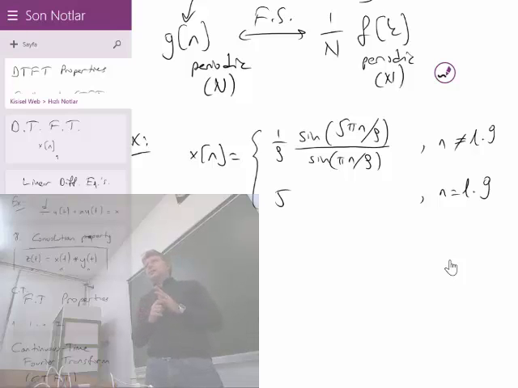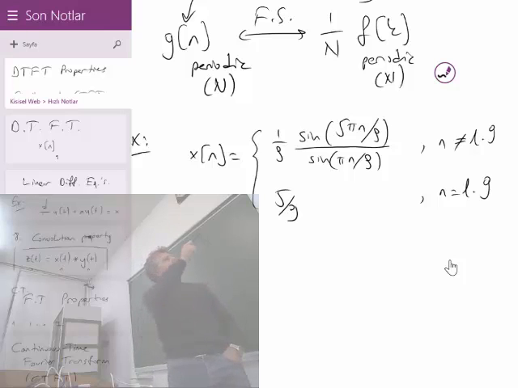Just to avoid that and just to avoid the utilization of L'Hospital's rule, I'm putting the value that we have. Sorry, it's not 5, of course, divided by 9. Using L'Hospital's rule, you have a 1 over 9 term coming. Sorry, there was already a 1 over 9 term. So 5 times 1 over 9 is 5 over 9. This is the DC value.